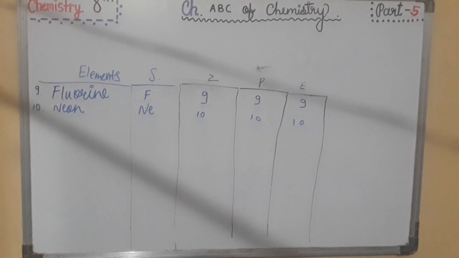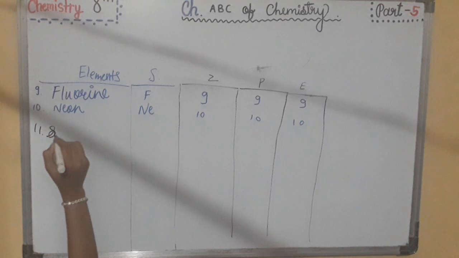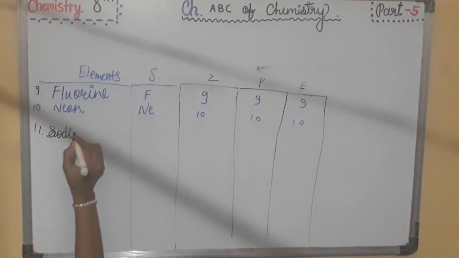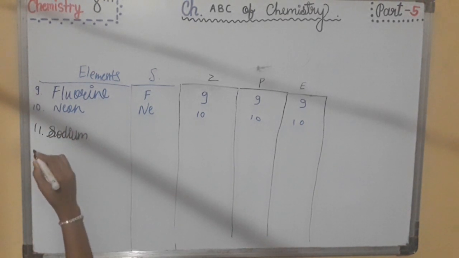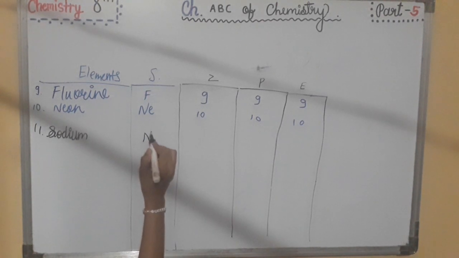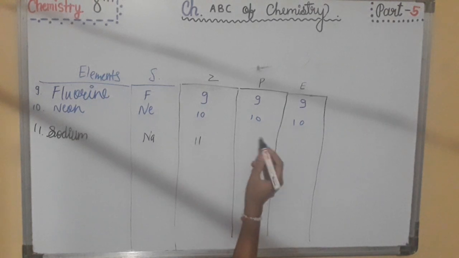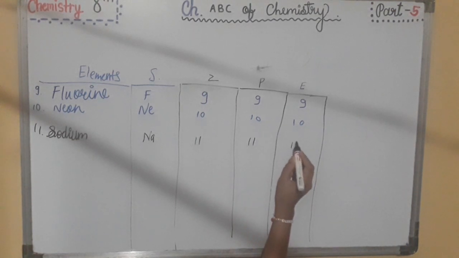After that, sodium, the symbol is Na based on the Latin name of sodium, natrium. Atomic number of sodium is 11, protons are 11, electrons are also 11.